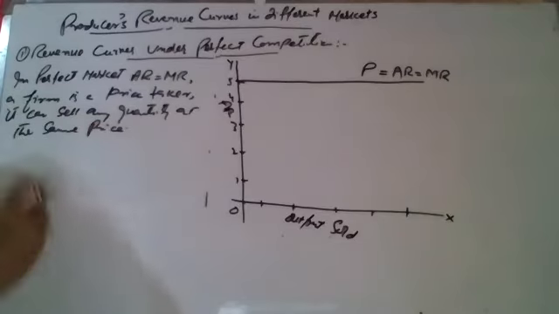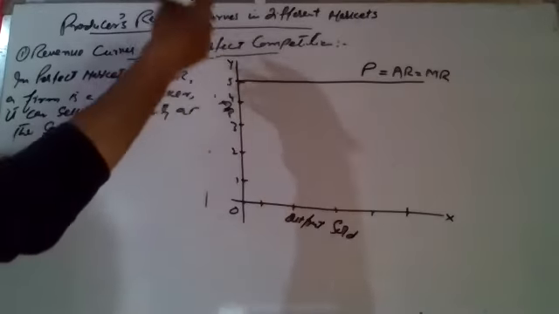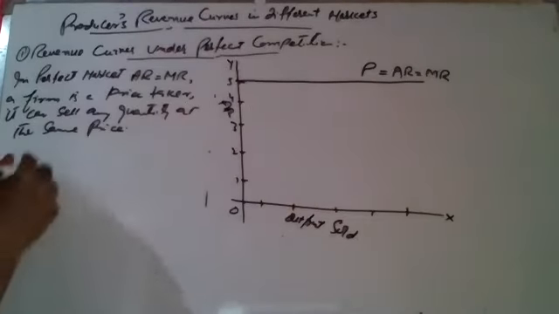So always remember, when average revenue is the same, the marginal revenue is also the same. If a firm tries to sell at a price higher than the market price, it will lose its customers. If the price increases, it will lose its customers.